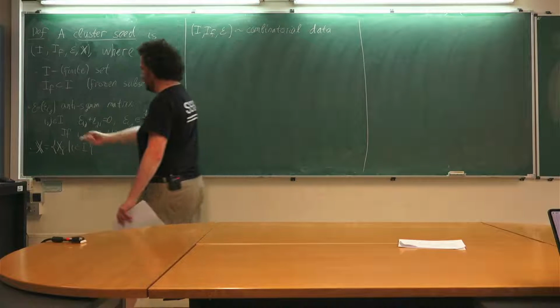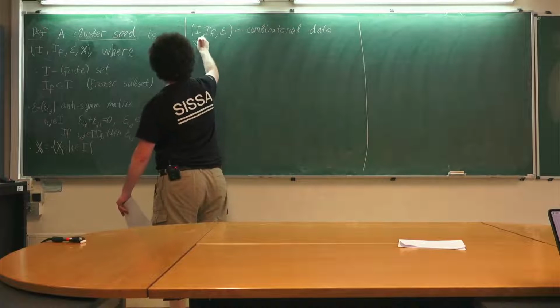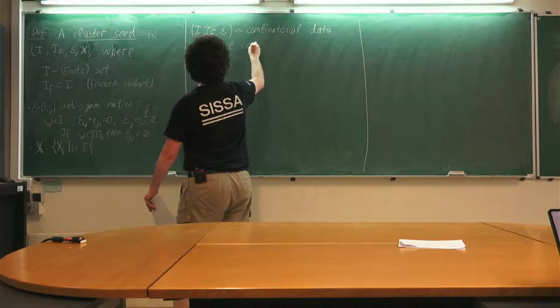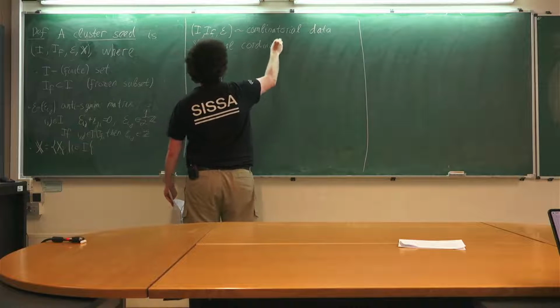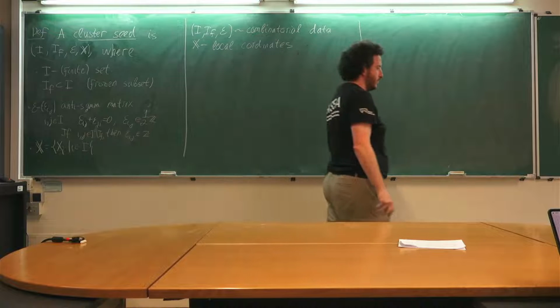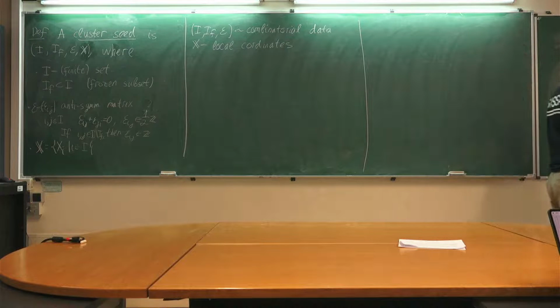And x are algebraic or analytic local coordinates. It is usually convenient to think about this combinatorial data graphically, namely, to encode this combinatorial data in terms of a quiver, an oriented graph.